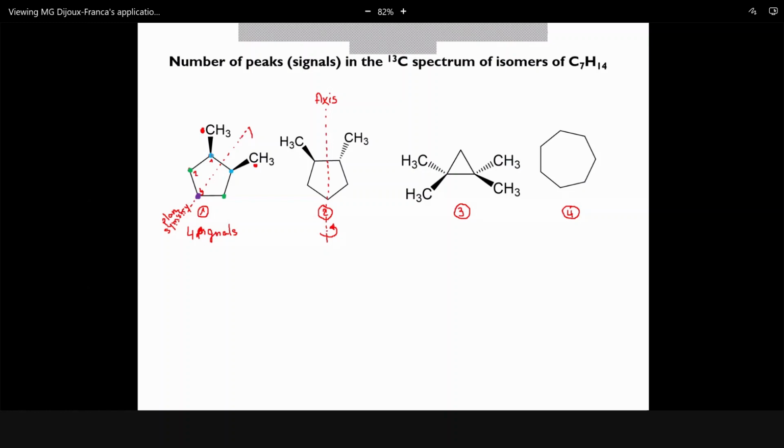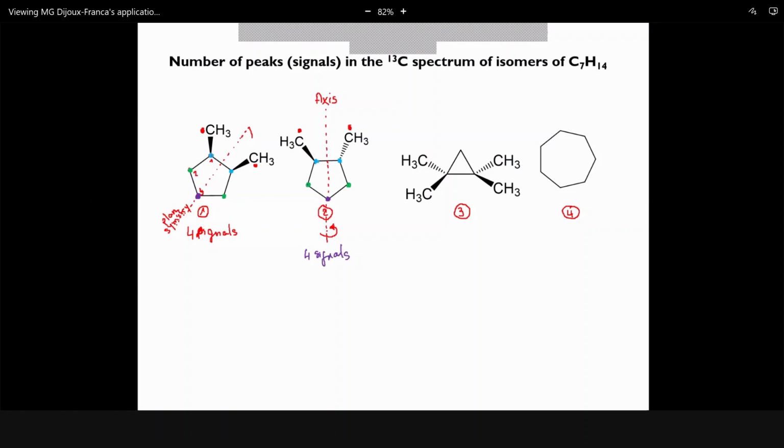So here, the same thing as before, we have one signal for the two methyls, one signal for these two, and one signal for the last one. So again, we have 4 signals in the spectrum.